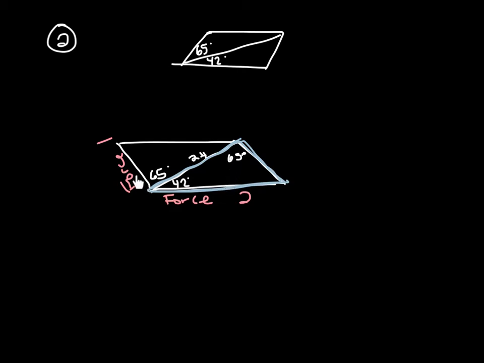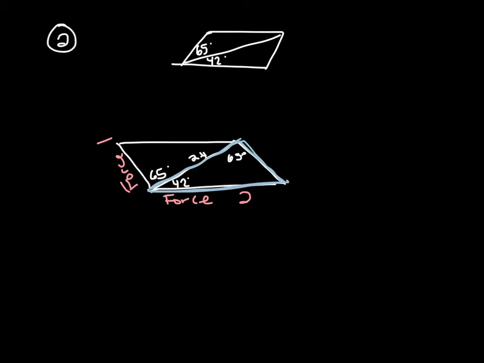Force 1, even though we see it over here in our parallelogram, in the blue triangle, this side of our parallelogram is equivalent to this side of our parallelogram. So this side is across from a 42-degree angle. So since this side is across from a smaller angle, force 2 is going to be the larger force because it's across from the larger angle.